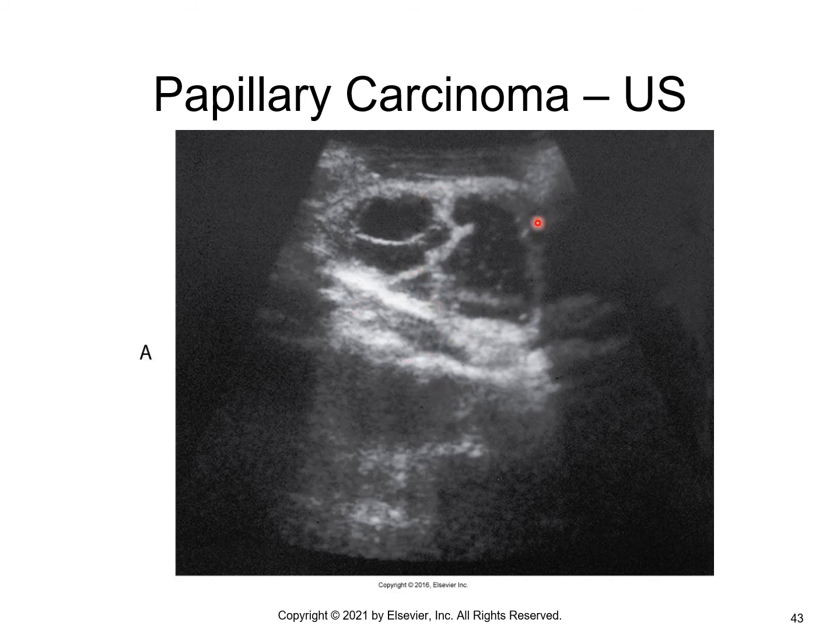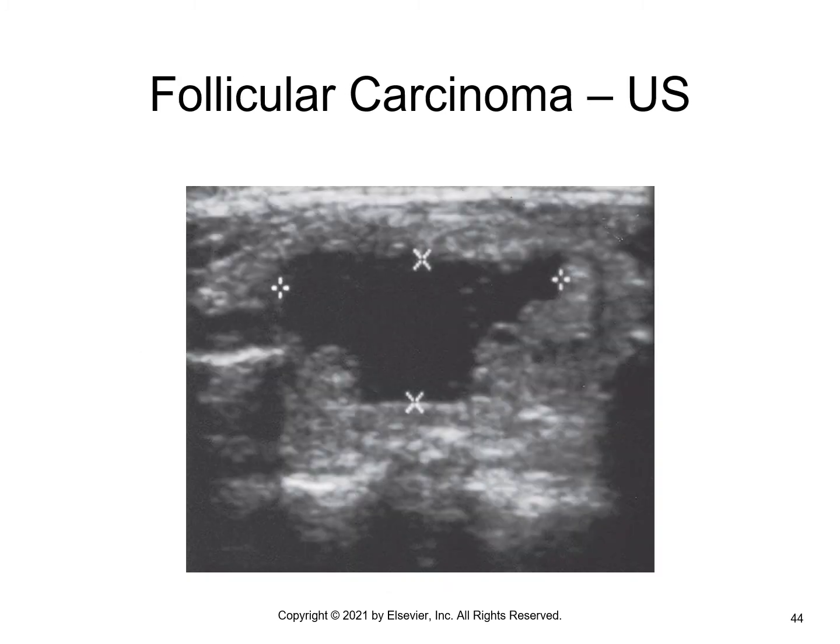Again, this alone would not be able to determine definitively what type of nodule this is. It would take a biopsy to determine if it was malignant or benign, which this one turned out to be malignant.